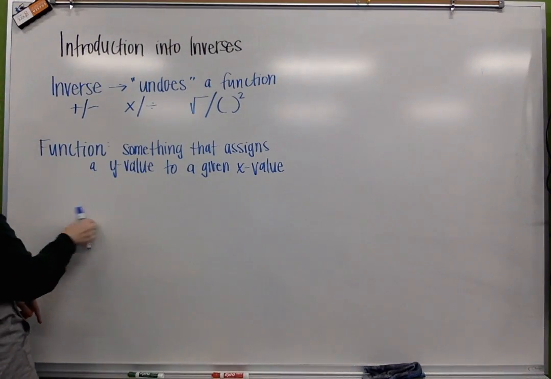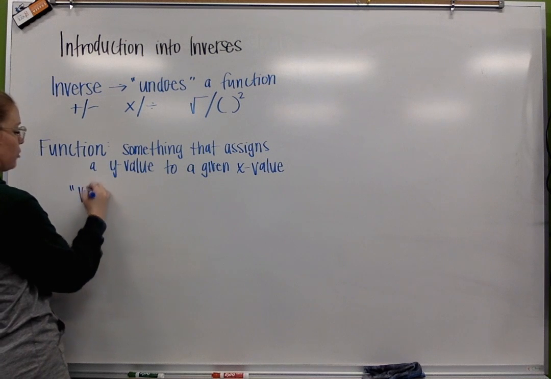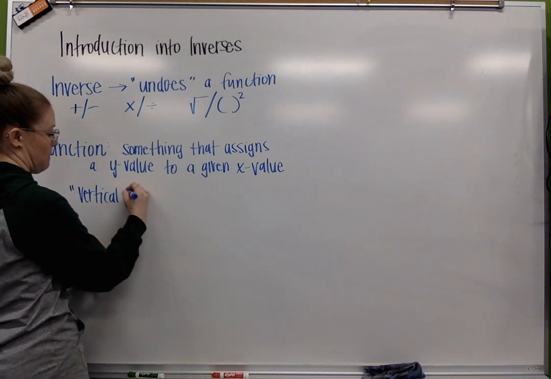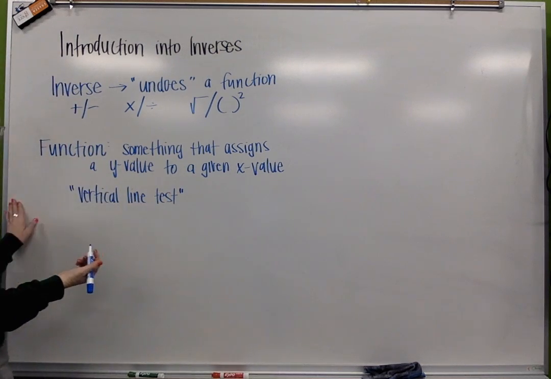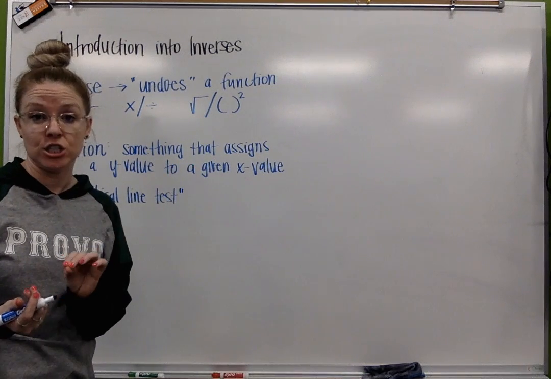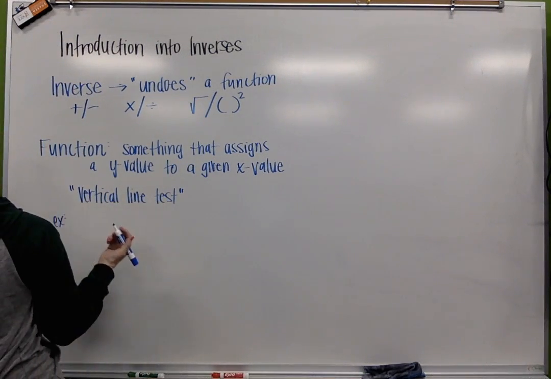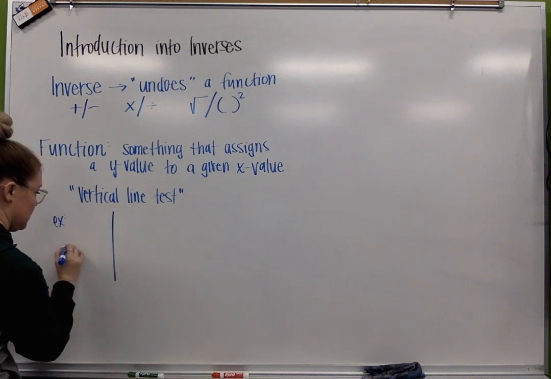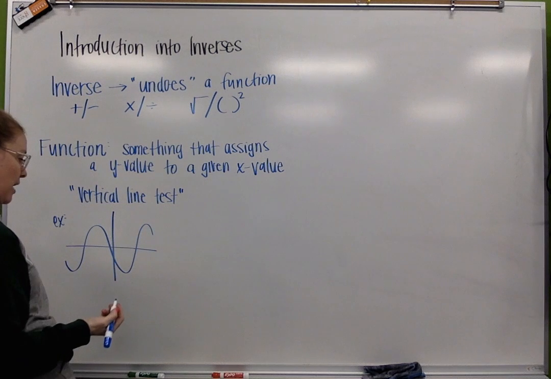If you remember back in the day, to test if something was a function, you did a vertical line test. With that vertical line test, you could test to see if a graph was a function. So for example, we could look at this graph.